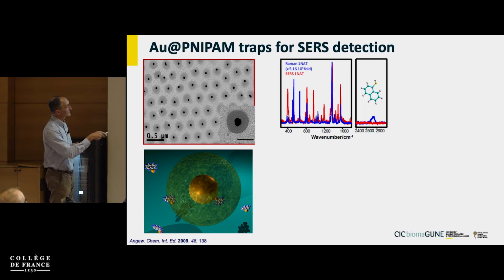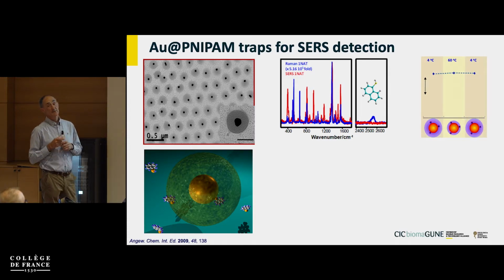And in fact, one of the differences between these two spectra is that we can measure this peak, which corresponds to the thiol vibrations. We can measure it for the pure molecule, but not for the molecules that have bound to the metal particle.